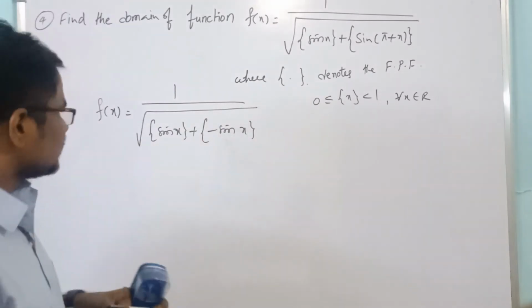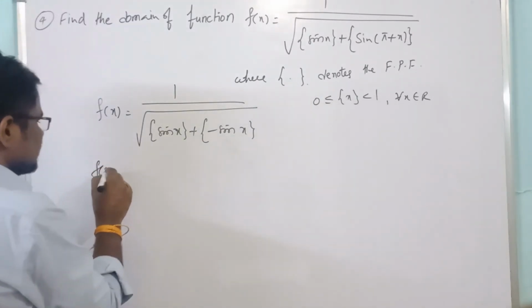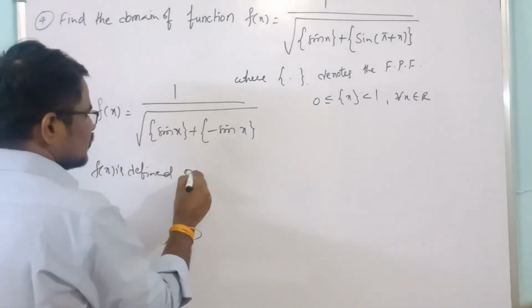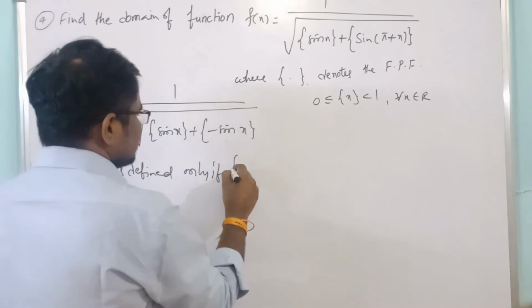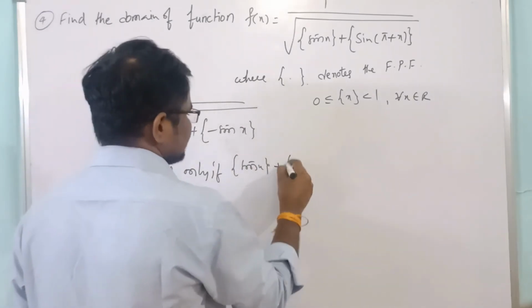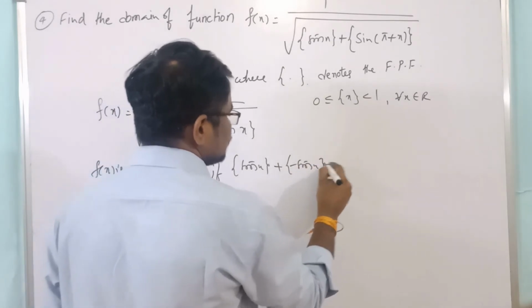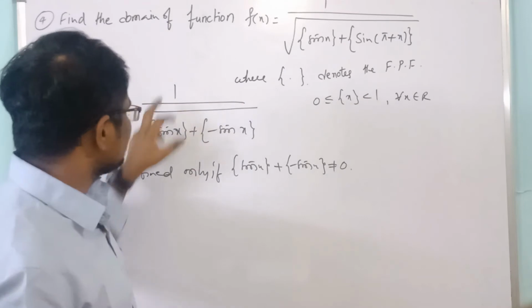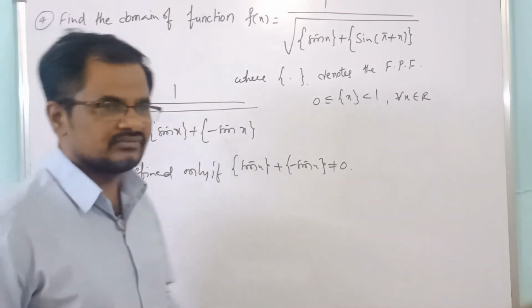But this function f of x is defined only if what? Fractional part of sin x plus fractional part of minus sin x should not be 0. If it is equal to 0, then 1 by root 0 is not defined, right?